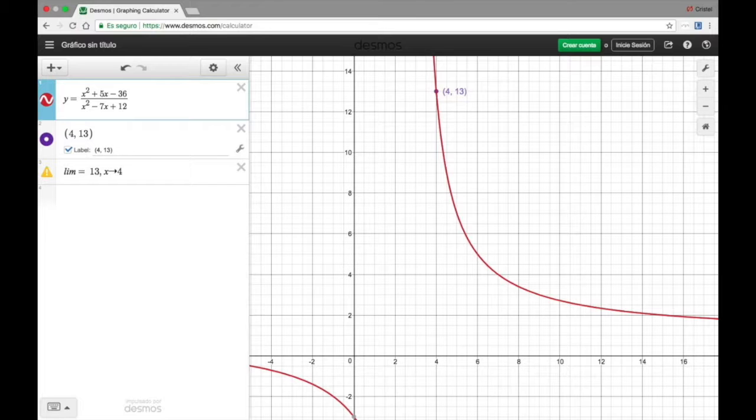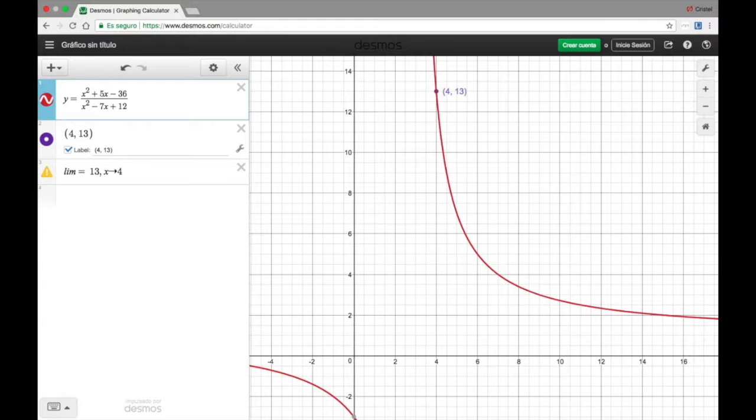We graphed problem 4, which was an equation we had to evaluate numerically. We had to find the limit of x at 4. The answer we got was that the limit of x4 is 13.